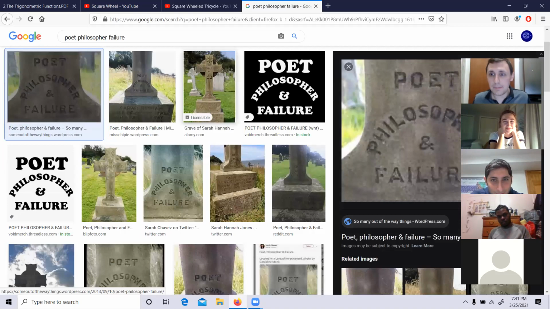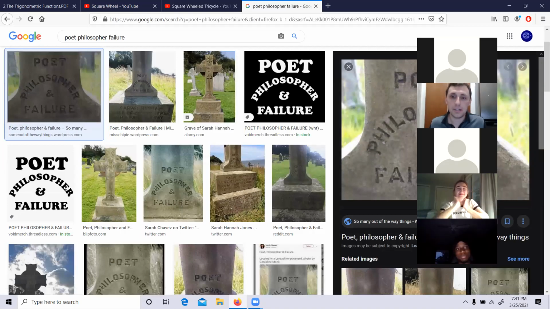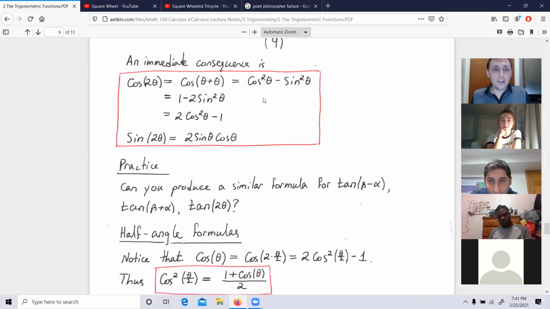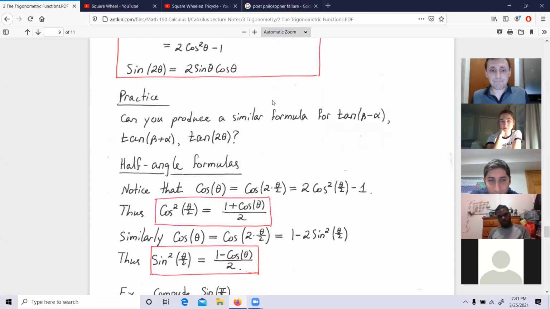Well, it combines my love of cemeteries, Elazar. One of my favorite places to go is a cemetery, and I know many poems about cemeteries, naturally. Good.